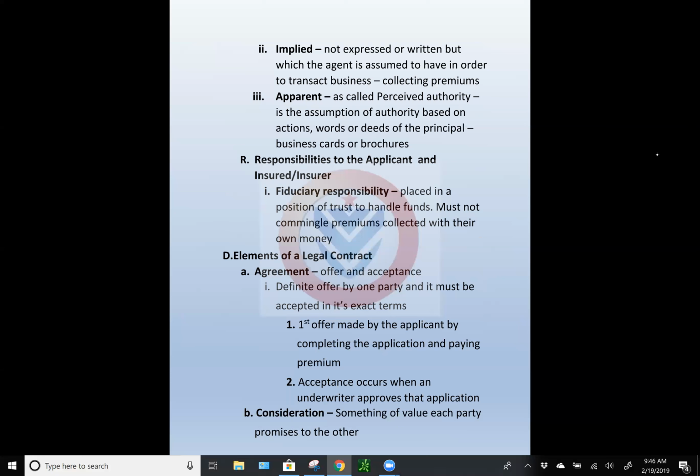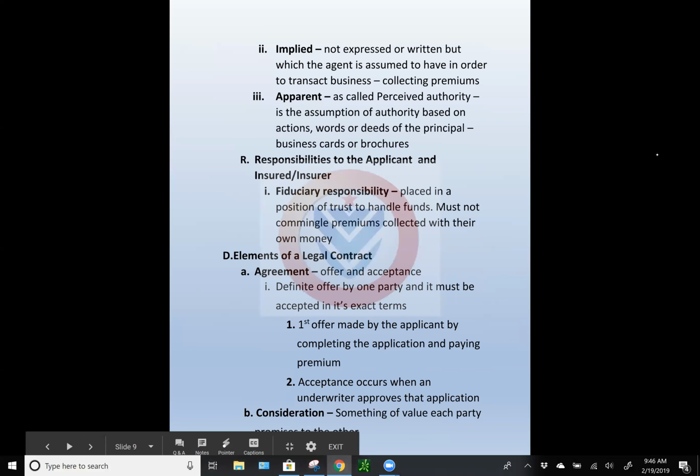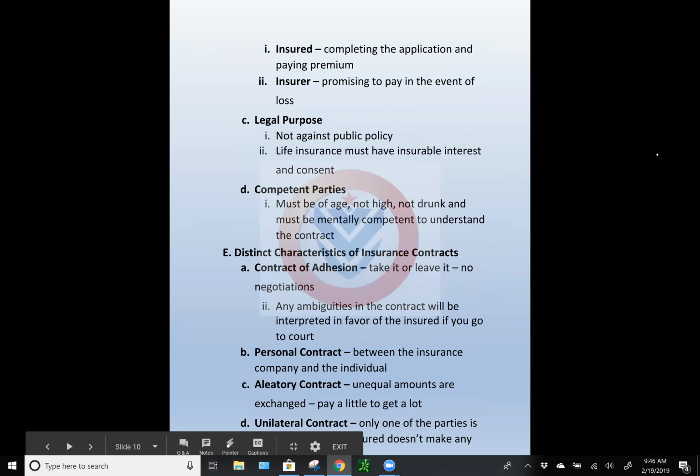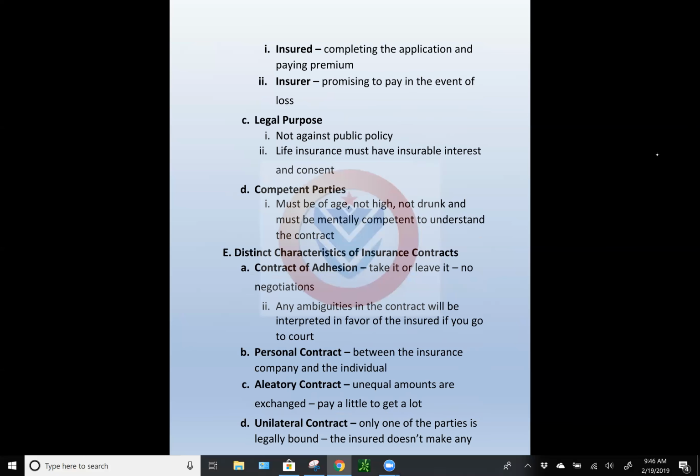Next element is consideration. Now, this word consideration, it is very important that you know what the word consideration means. So consideration is something of value that each party promises to the other.